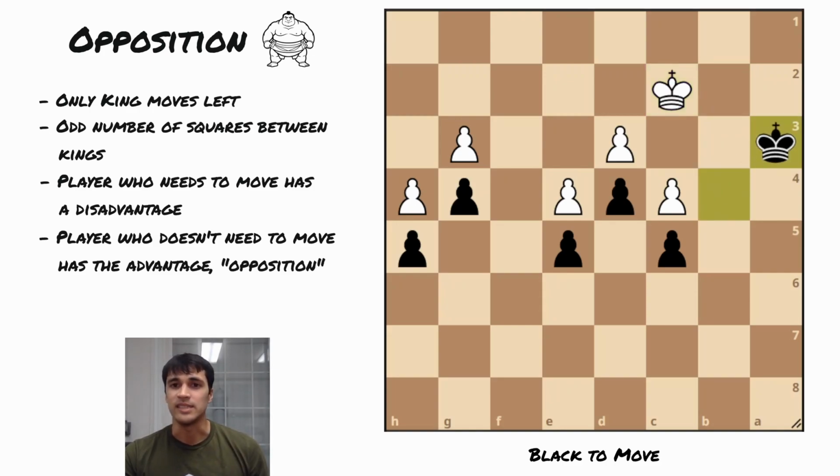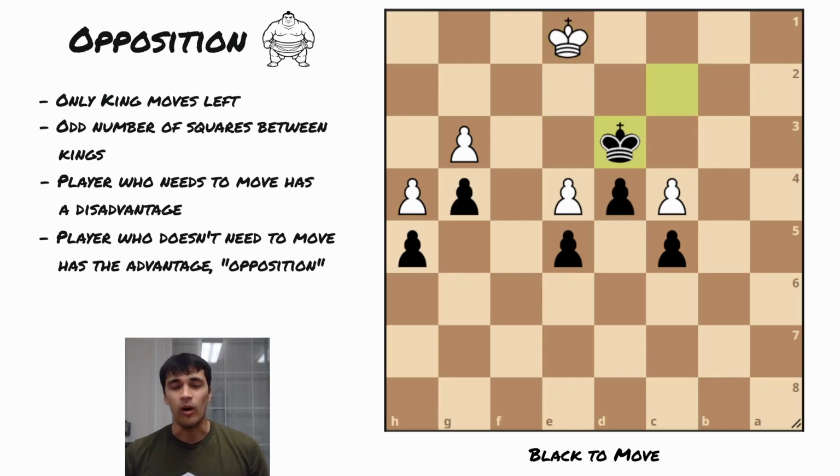So now black plays king a3, white moves closer to his pawns, black again keeps his opposition, and you see white has no choice but to lose his pawns.